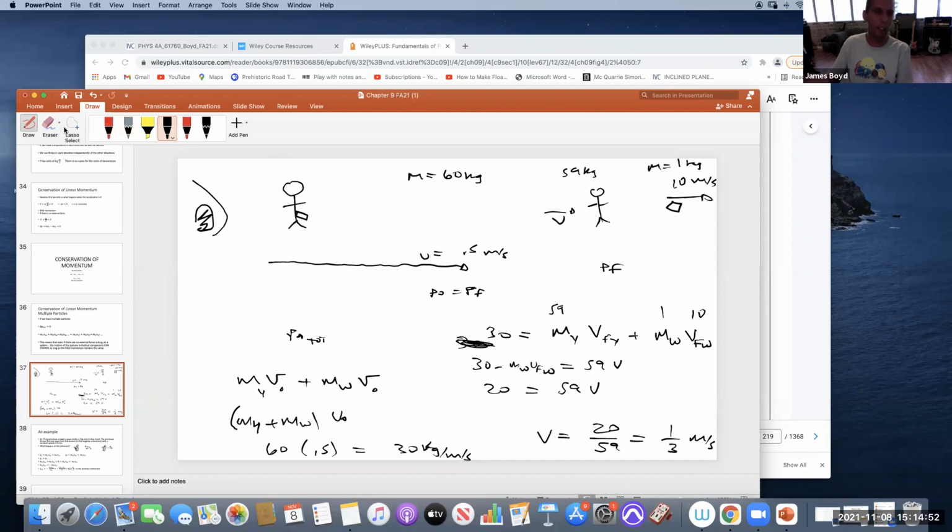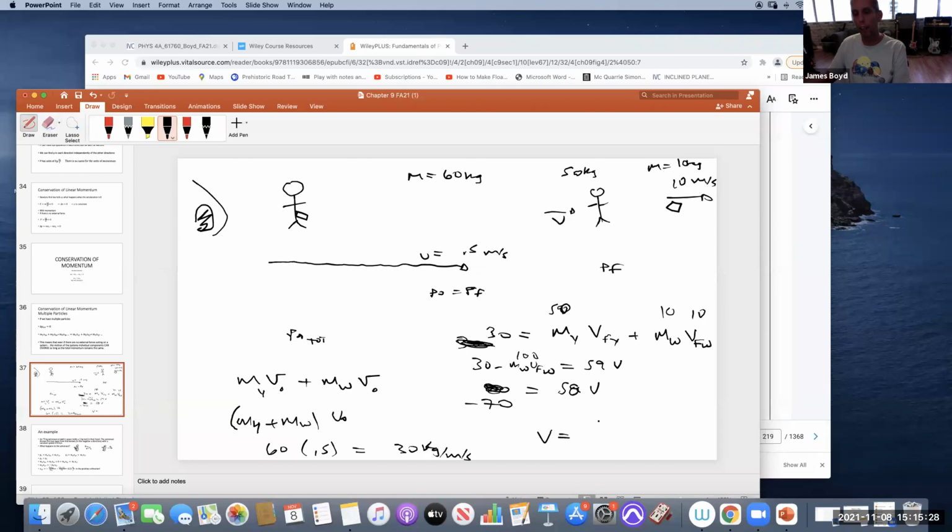Now let's change this. What if it was, I don't know, a 10 kilogram wrench and 10 meters per second? So now this is 100, and we get minus 70. 30 minus 100 is minus 70. And this becomes 50 now, so this is 50.